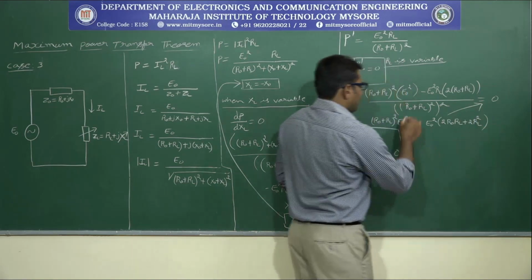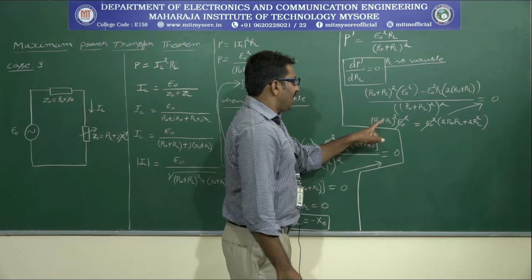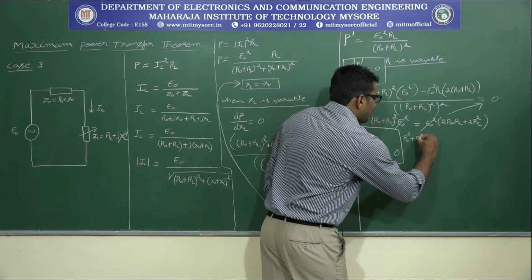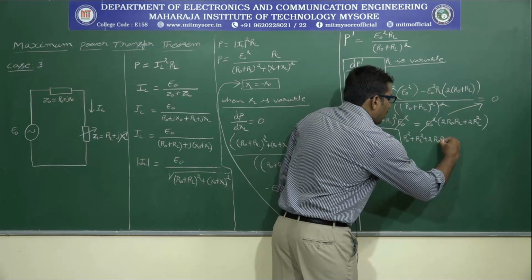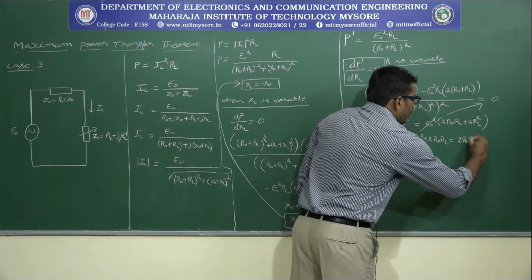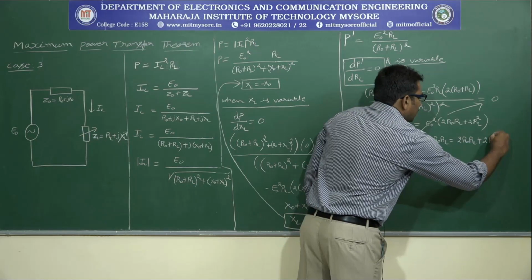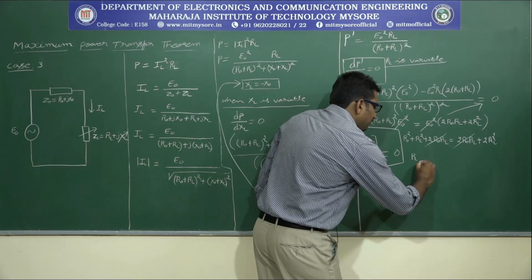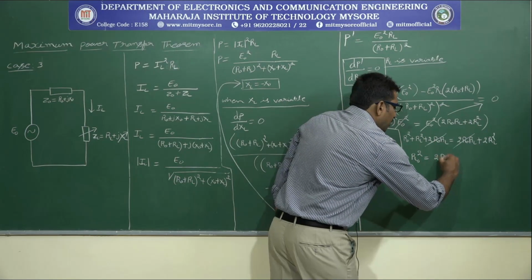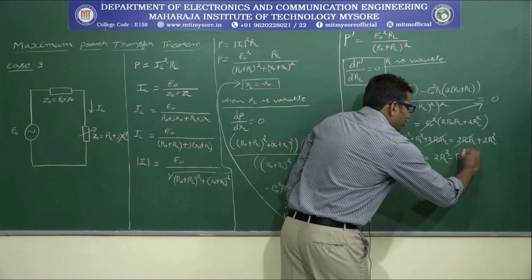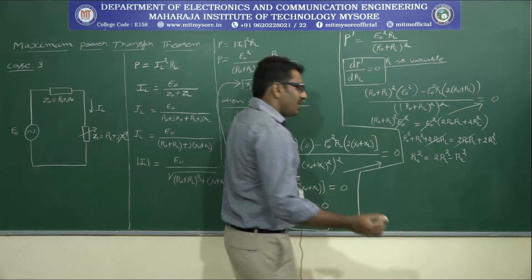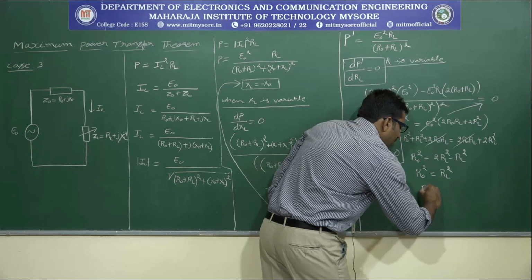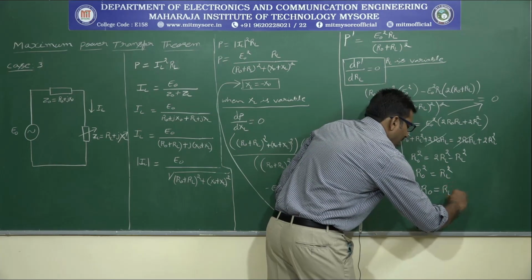E naught squared gets cancelled. Applying the (A plus B) whole squared formula: R naught squared plus RL squared plus 2 R naught RL is equal to 2 R naught RL plus 2 RL squared. So 2 R naught RL gets cancelled. Therefore, R naught squared is equal to 2 RL squared minus RL squared, which is RL squared. Therefore, R naught is equal to RL.